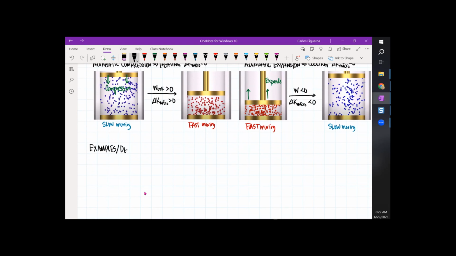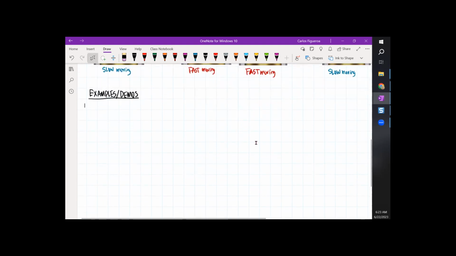And some demos that we'll look at, obviously, are online demos. If I look at this, what we're going to see here is the following situation.